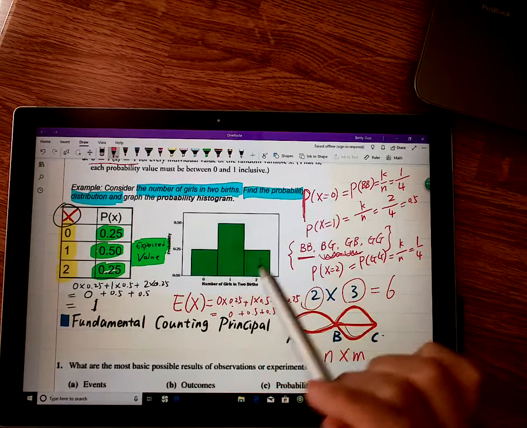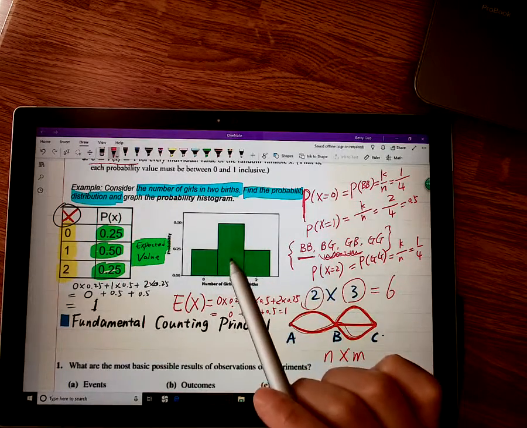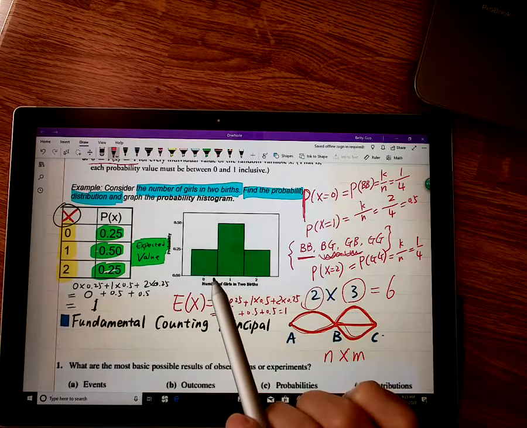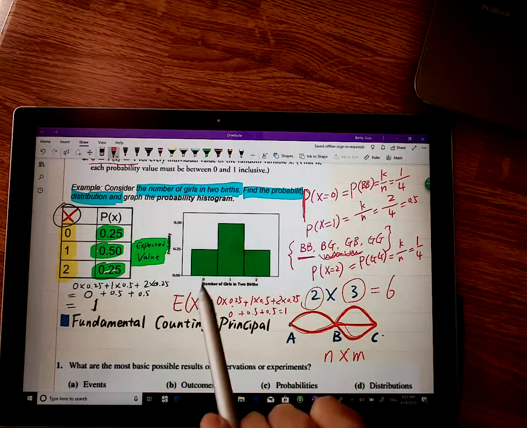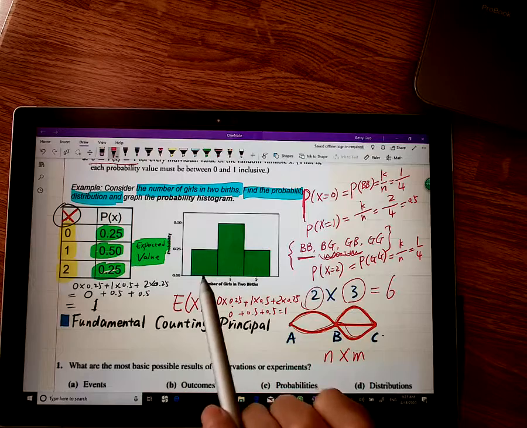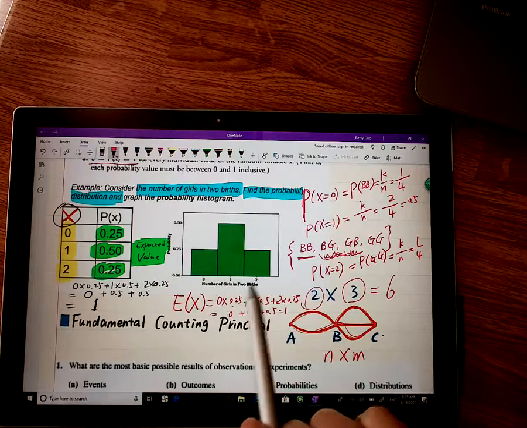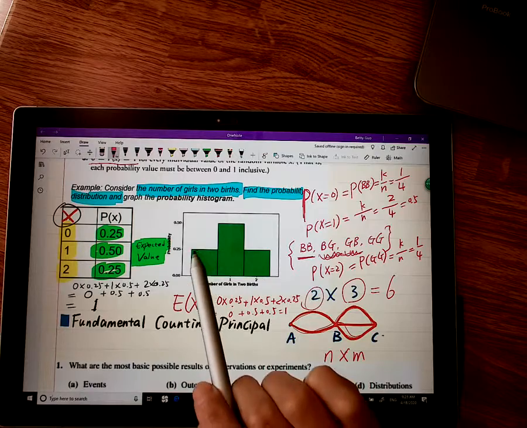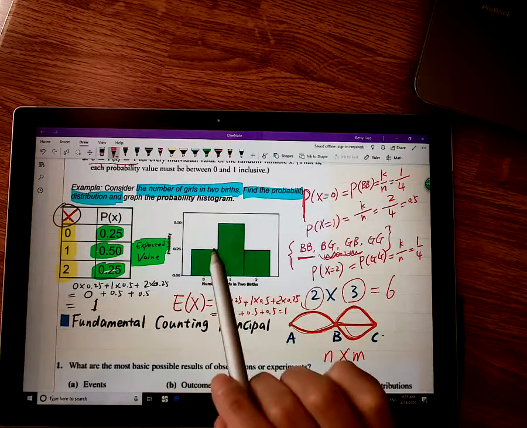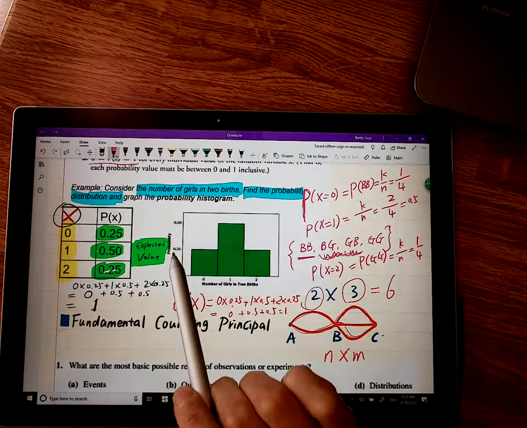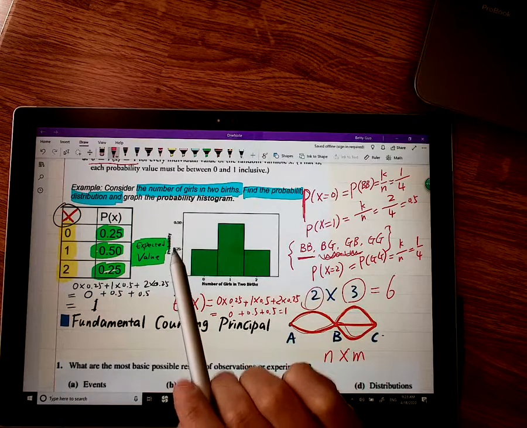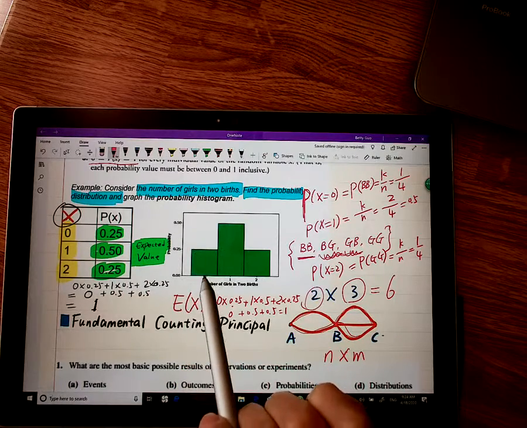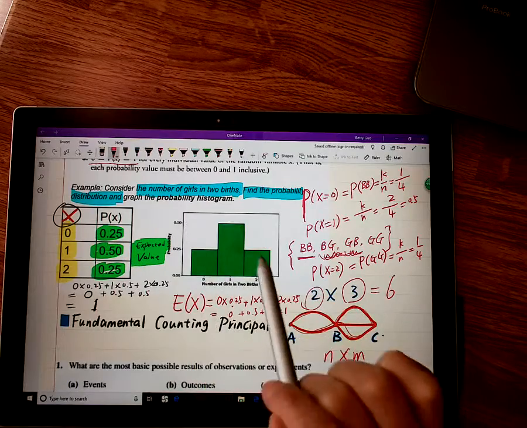Those bars attach to each other. And you can see in the center of those bars, you have 0, 1, 2. Those are the values for random variable x. And the height of the bar is the probability of the random variable assuming each value.